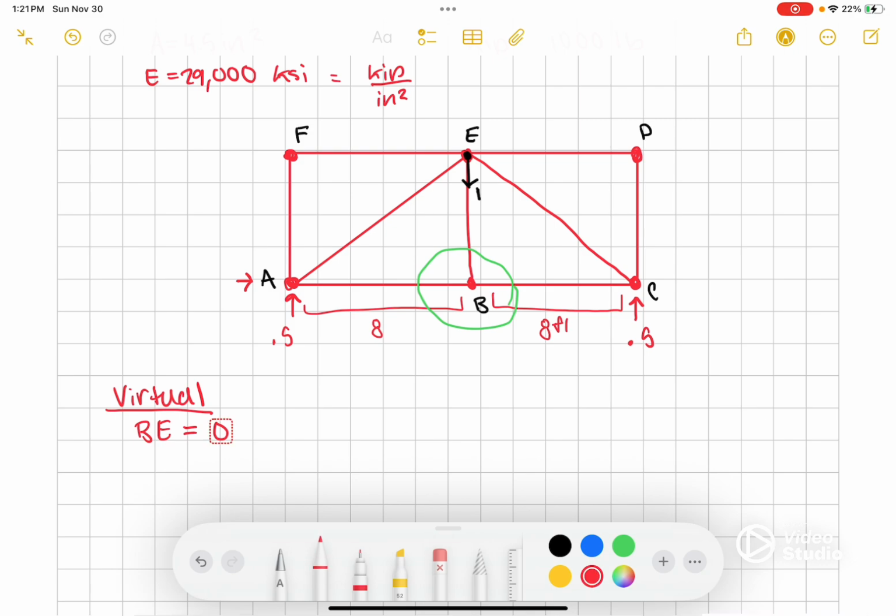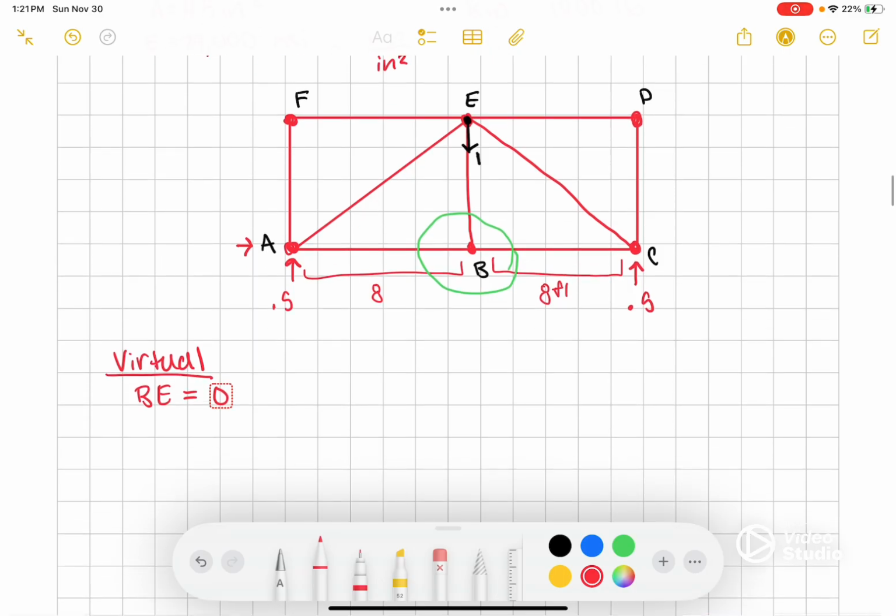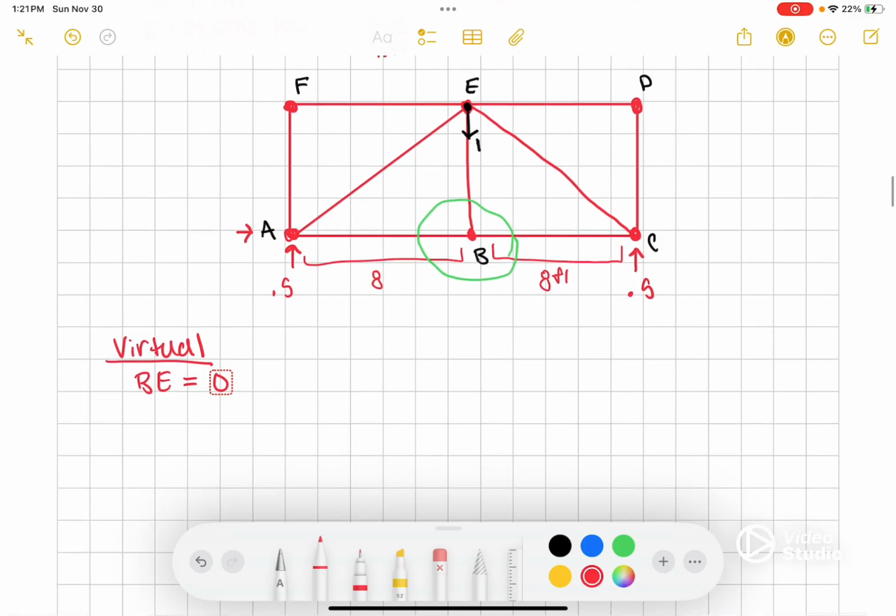Next, let's try and solve for some of the other ones. Let's look at these joints here.